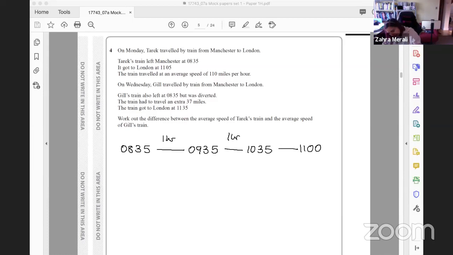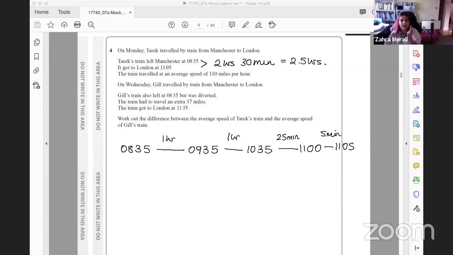So 11 o'clock would take me 25 more minutes. And then I've got 11:05, which is another 5 minutes. So in total, it's going to take me 2 hours and 30 minutes. So the difference between these two is 2 hours and 30 minutes, or 2.5 hours.